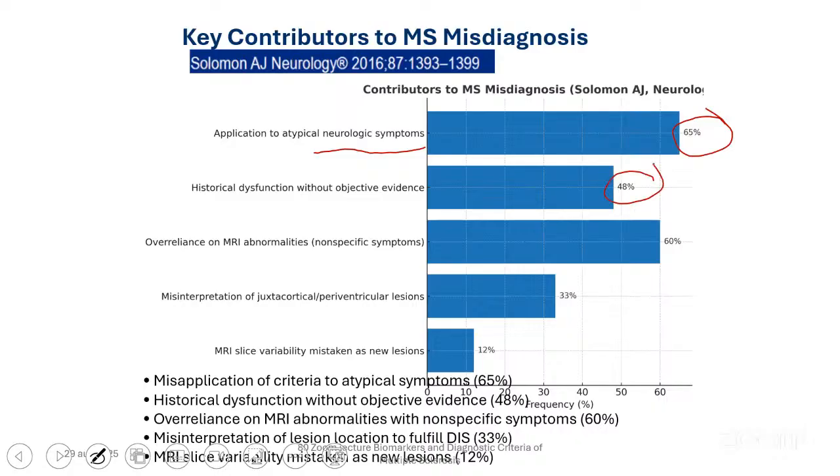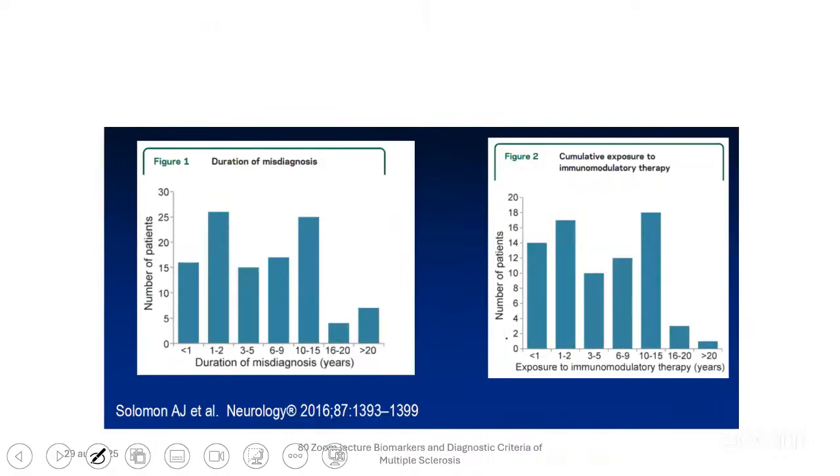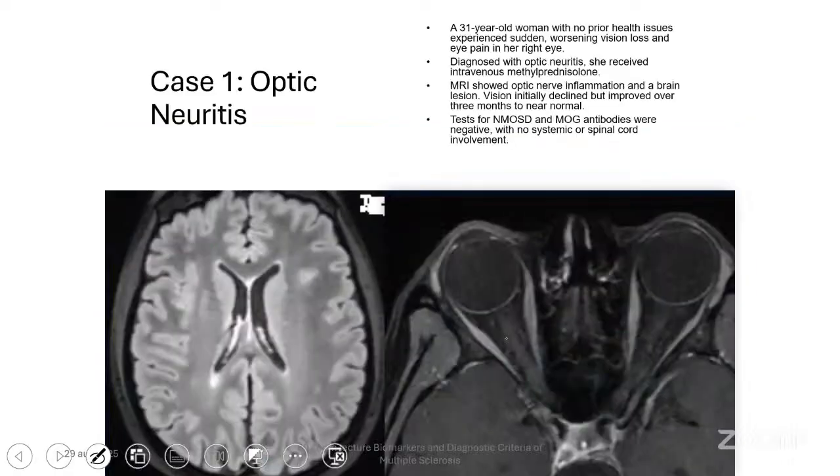Overreliance on MRI abnormalities and non-specific symptoms, 60%. Misinterpretation of juxtacortical and periventricular lesions, 33%. MRI slice variability mistakes, 24%. So there are present problems in the diagnosis which we should be very much aware of. Now let's look at some cases which will make it interesting.